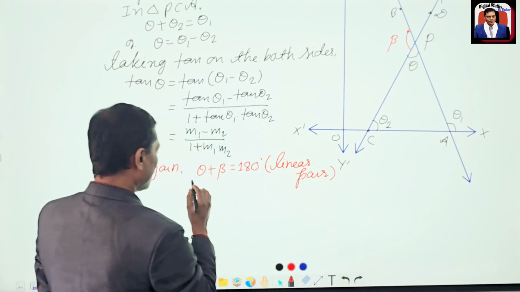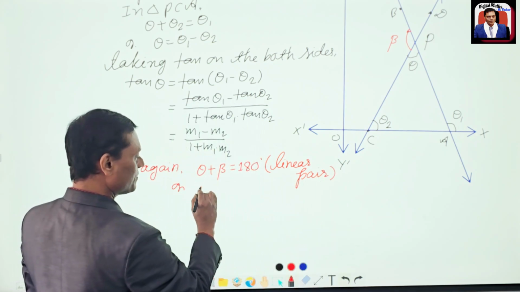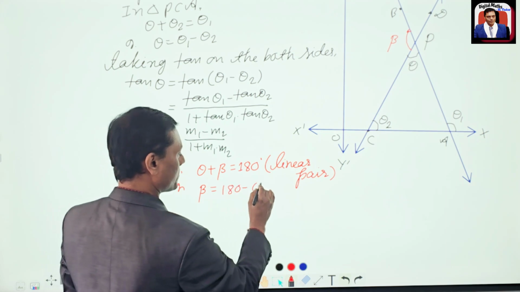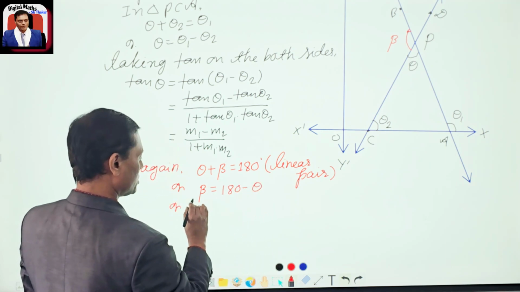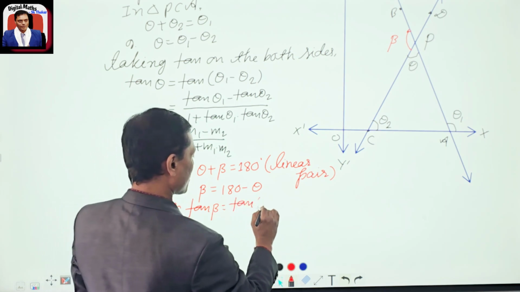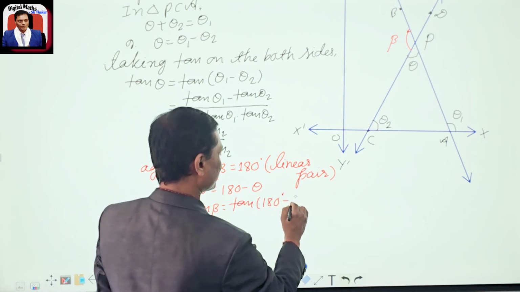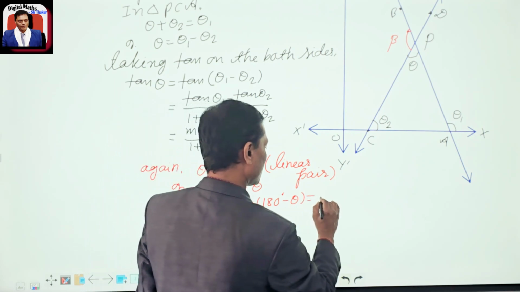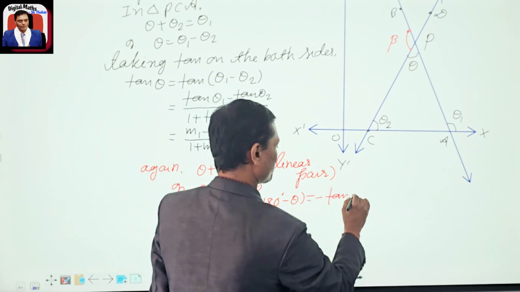From this, beta equals 180 degrees minus theta, so tan beta equals tan of 180 degrees minus theta, which is minus tan theta.